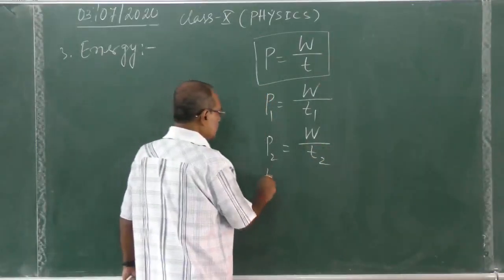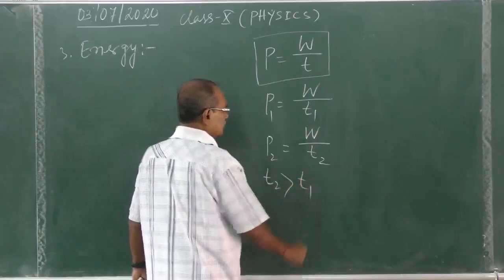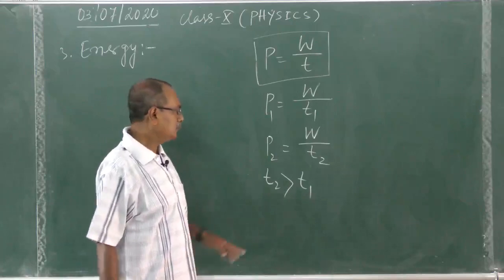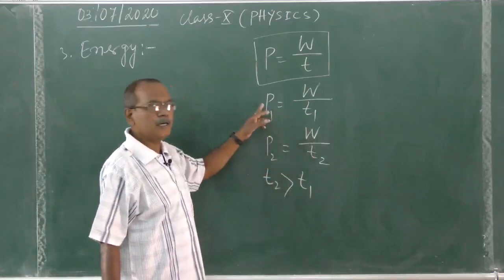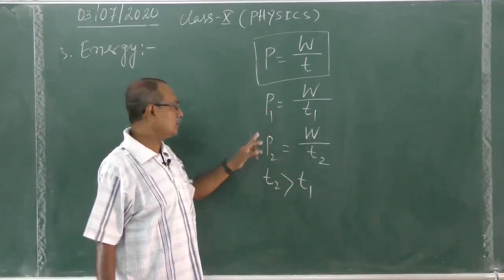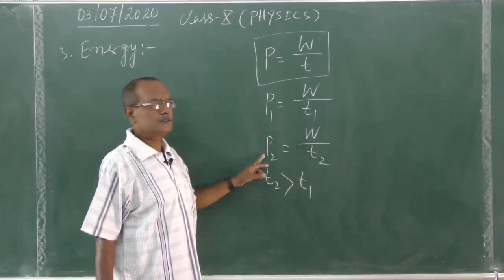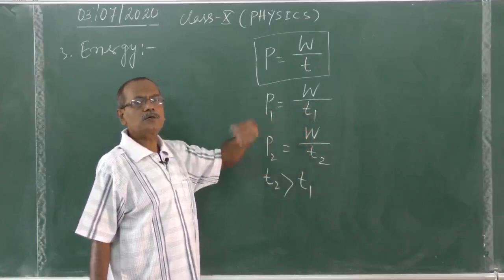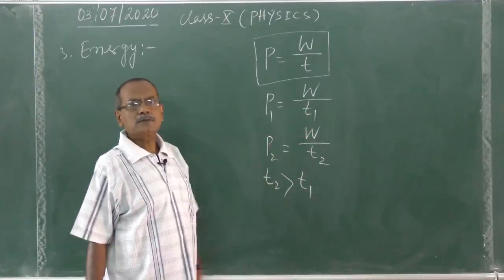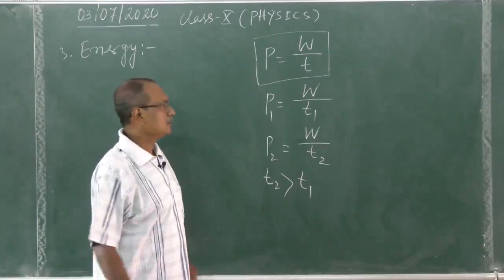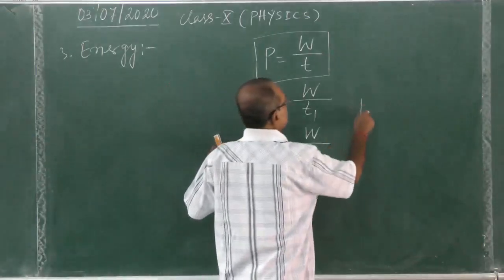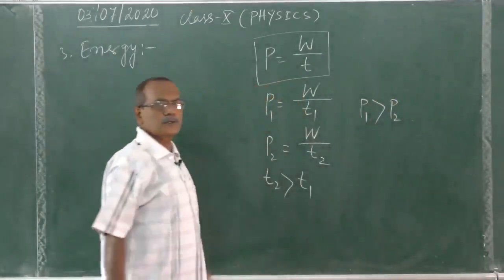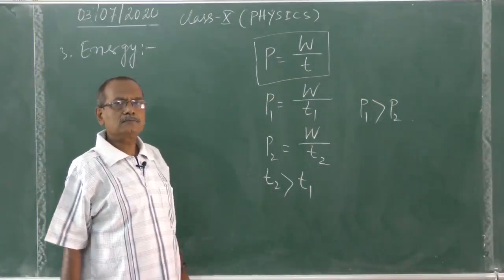If T2 is greater than T1, then more time taken means less power. It means P1 is greater than P2.